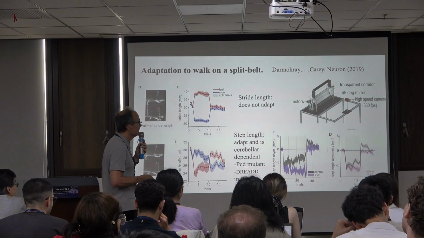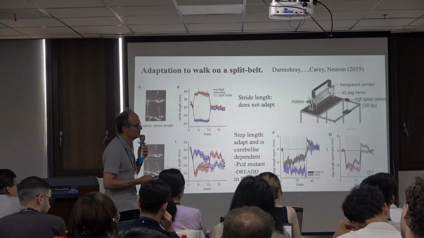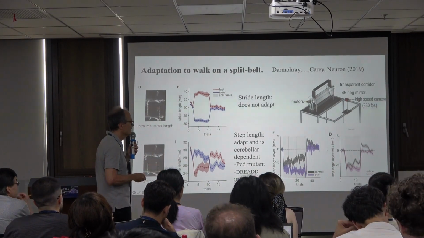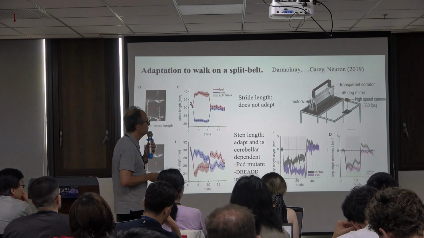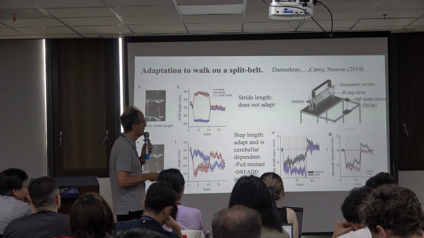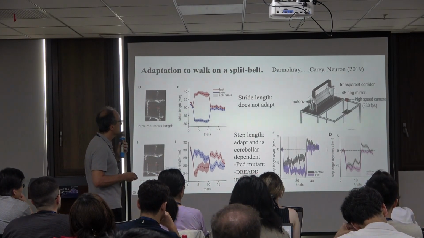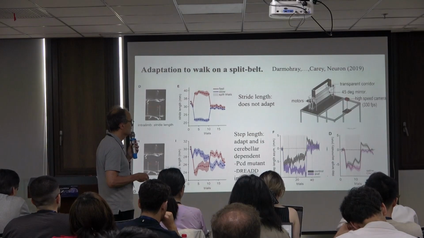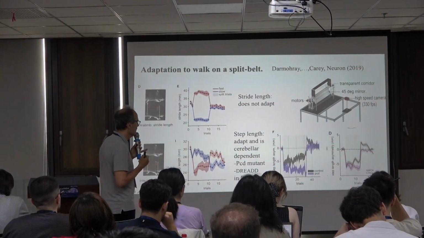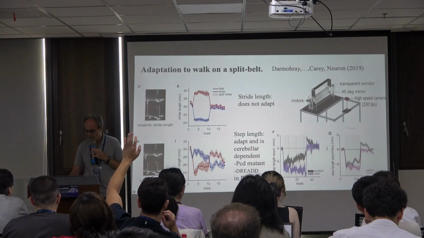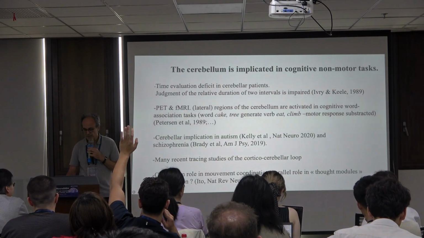You can locate, not so precisely, at least the area where this is taking place. So this is what is done here. You put this inhibitory blockage. That's basically the controlled experiment.